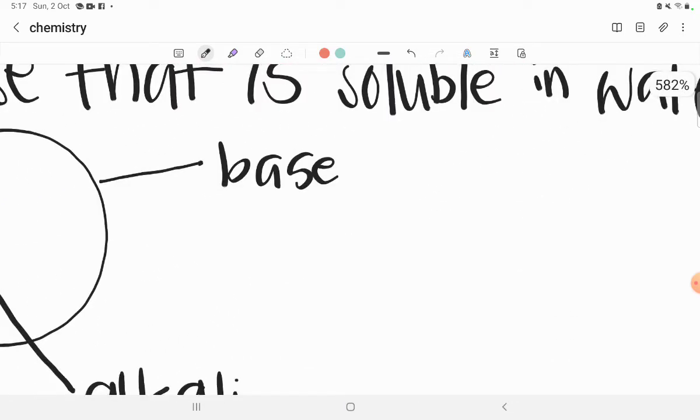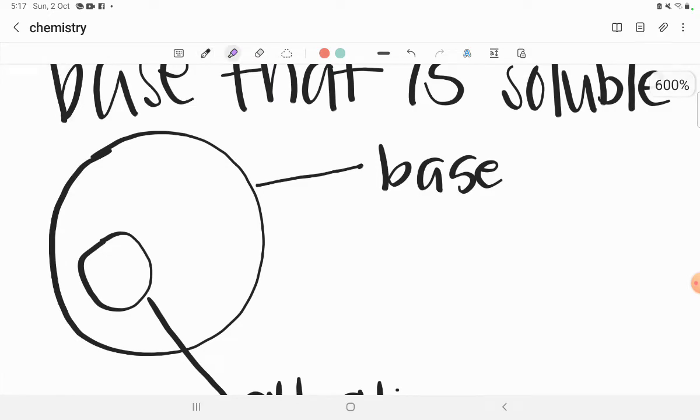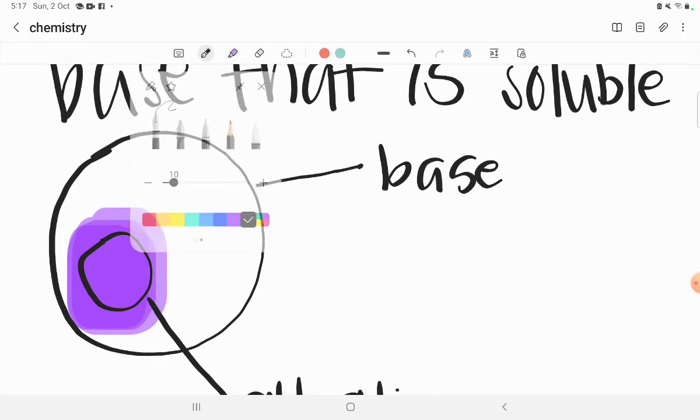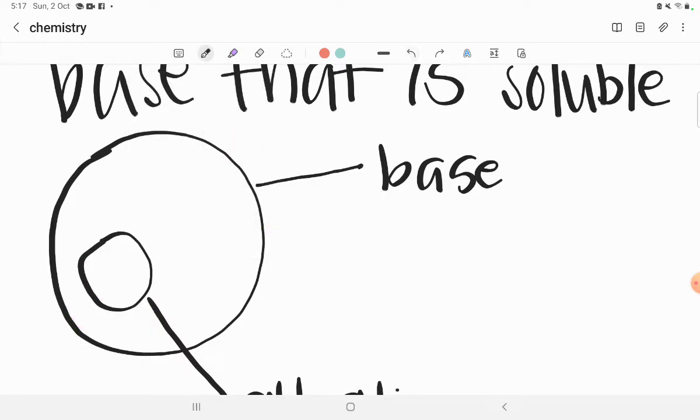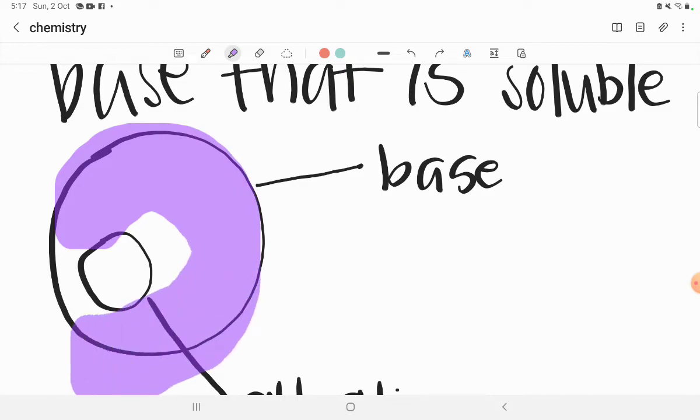So previously, we have focused on what's in this circle. Now let's focus on what's in the rest of the big circle.